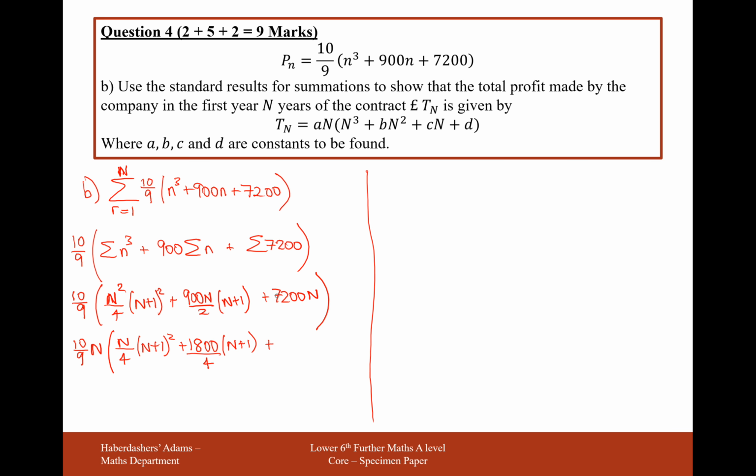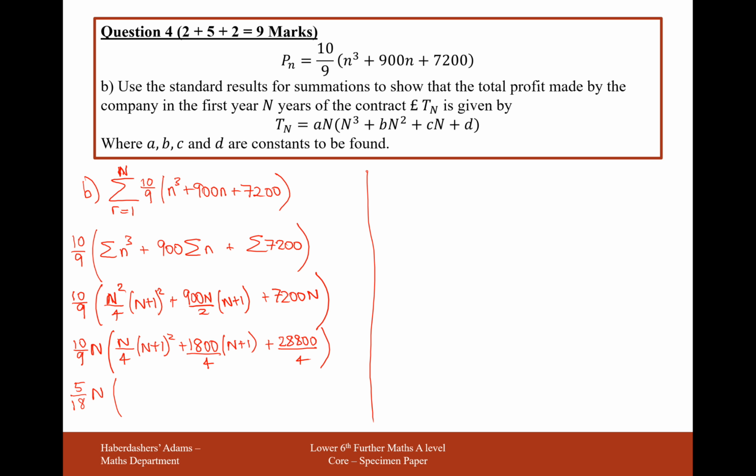And on this bit here, I need a fraction of 4 on the bottom, so that's going to give me 28,800 over 4, and I've pulled that capital N out. Right, now pull out the 4, so that's going to cancel out with the top 10 and one of those 2s on the bottom, so that'll be 5 on the top now, and another one of these 2s on the bottom, so that'll make it an 18.